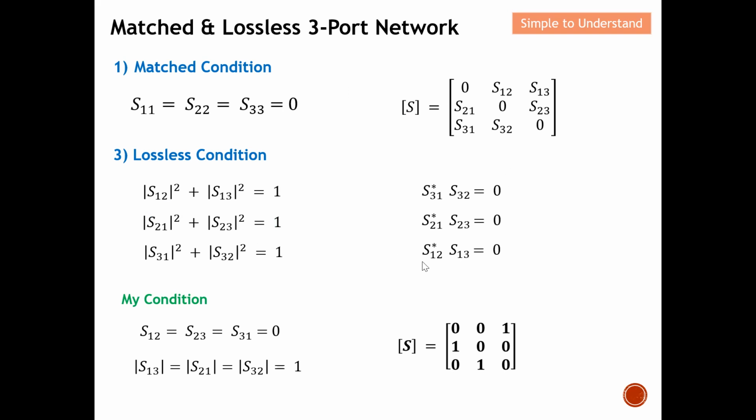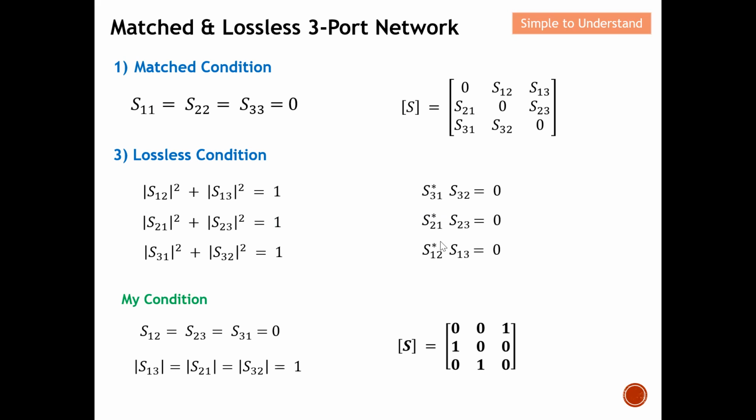For example, I just need to make S12 equal to 0, since anything multiplied by 0 will satisfy this formula. But I cannot let S21 become 0 as well, because that would mean they are reciprocal, and they cannot be the same.